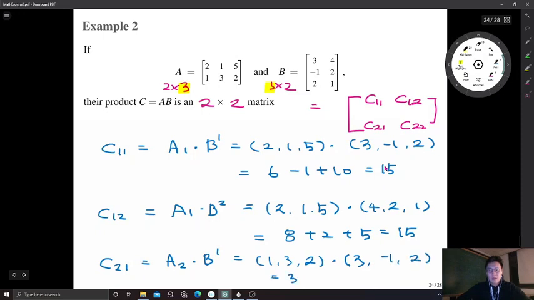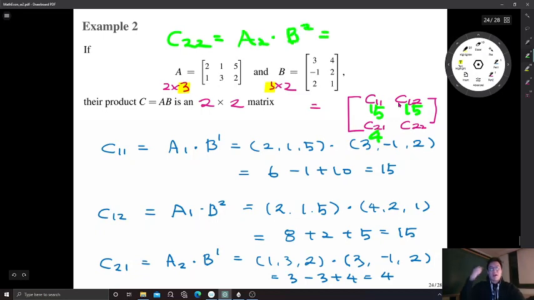So 3 minus 3 plus 4. So that's going to be 4. Okay. I will leave C sub 2, 2 as an exercise, but we determined these three elements. So that's going to be 15 and 15, and this is 4. And C sub 2, 2 is the dot product of A sub 2 and B super 2. Okay, so you can compute this.